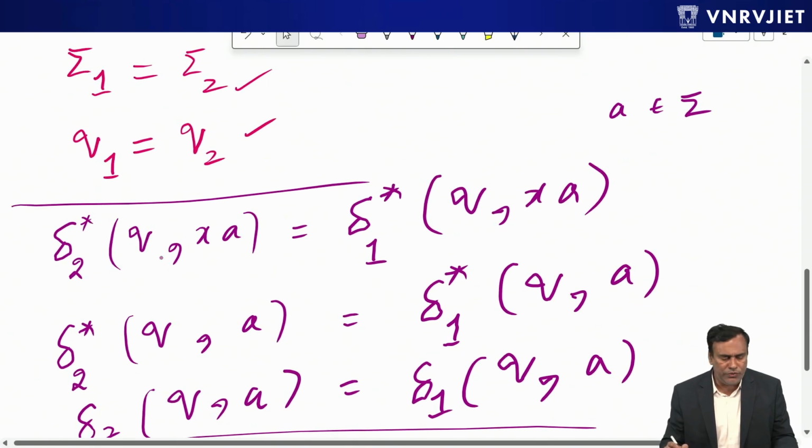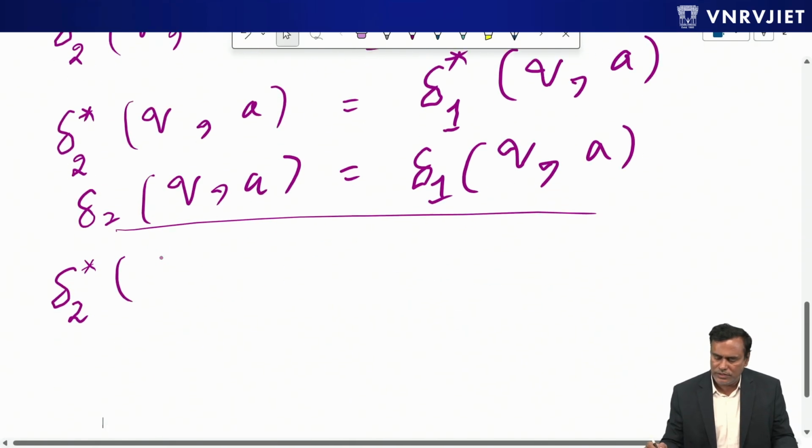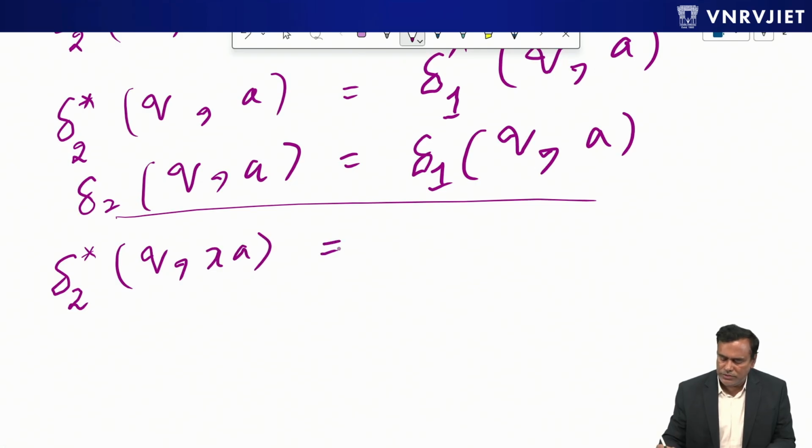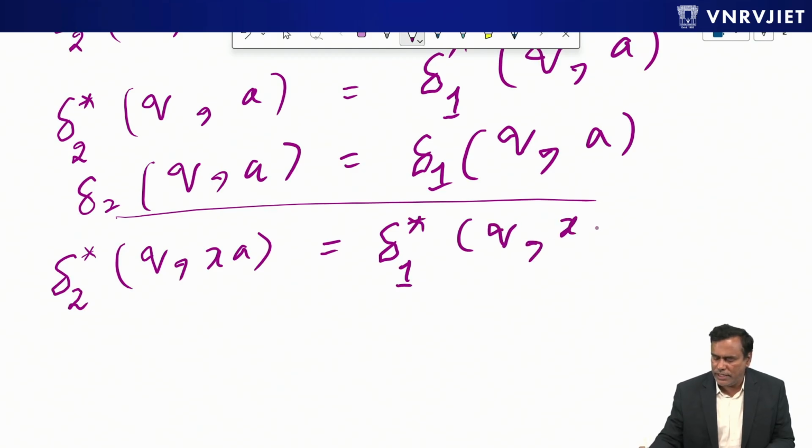Delta 2 star of QXA is equal to delta 1 star of QXA.